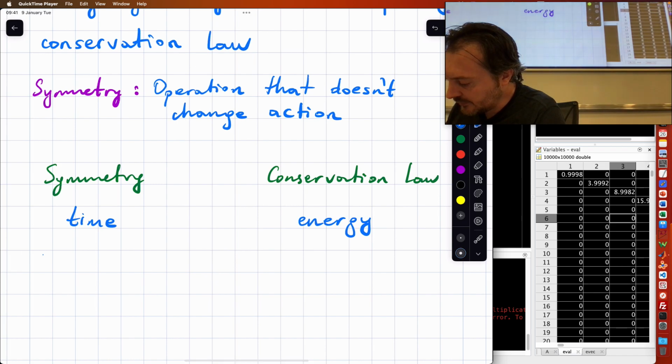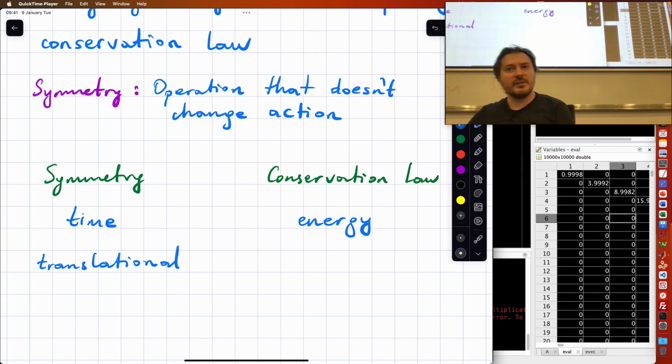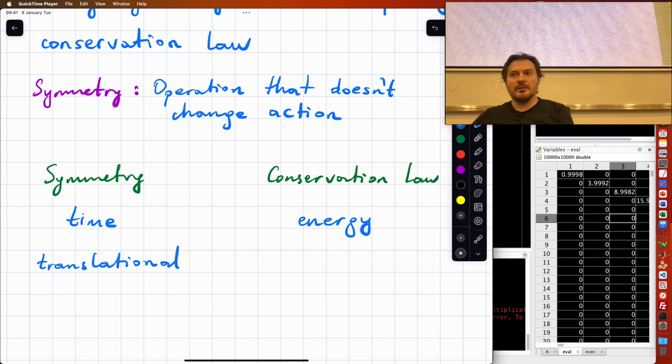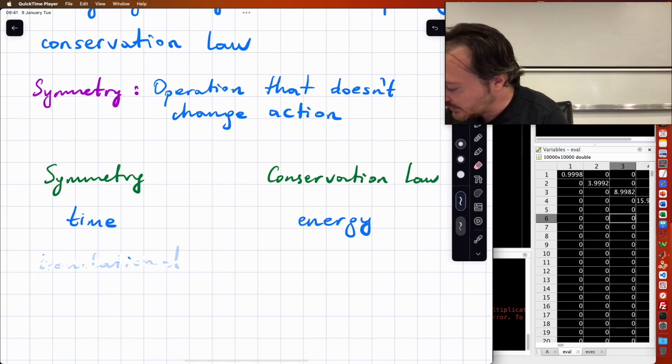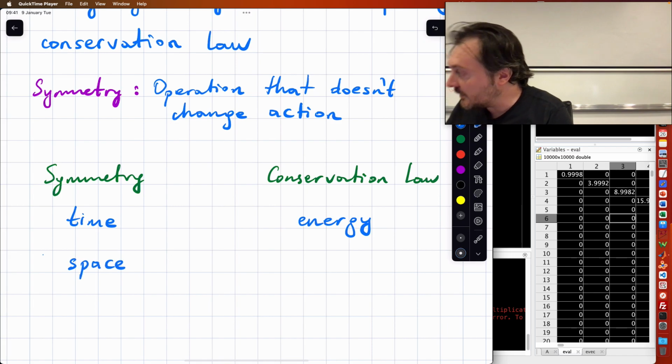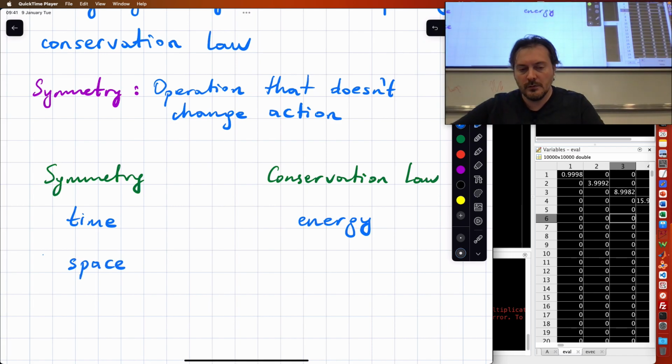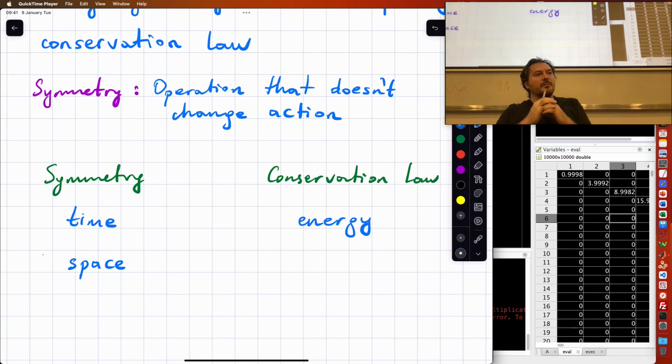Translational symmetry. Do you know what translational symmetry is? Should I just write space instead of translational? So symmetry in space. What does symmetry in space mean? It implies a conservation law.